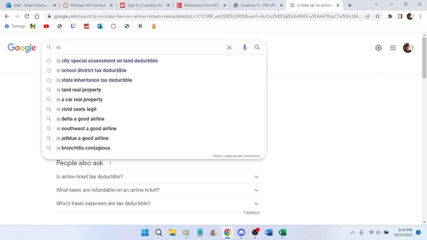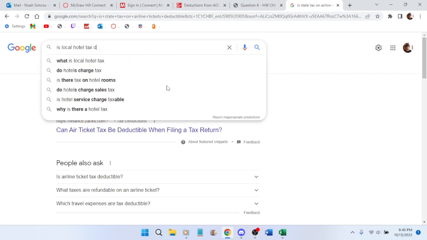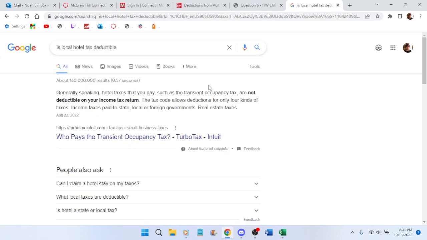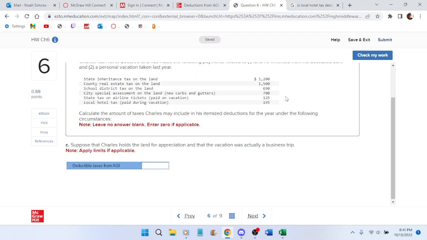Is local hotel tax deductible? It says not deductible. I already tried using these top three as an answer. According to Google, these three are not deductible.